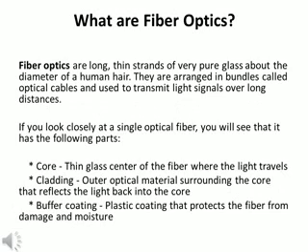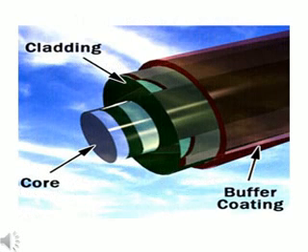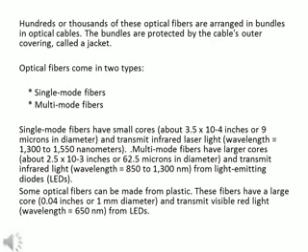Fiber optics are packaged for the transfer of optical signals over long distances. It consists of three parts: core, cladding, and buffer coating.